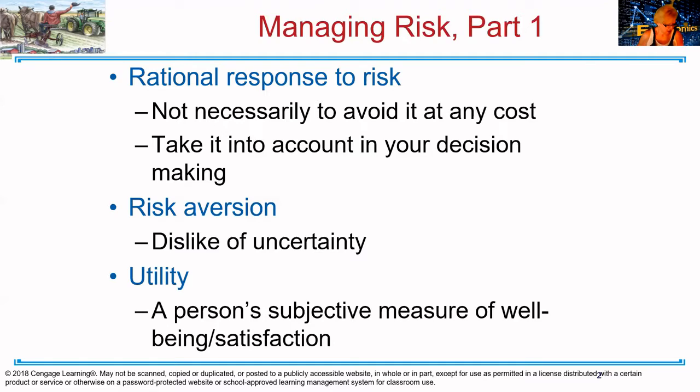Ambiguity is when we don't know what we don't know. In the case of risk, we know that some of these things could happen and we can predict them, so we use statistics to do that.